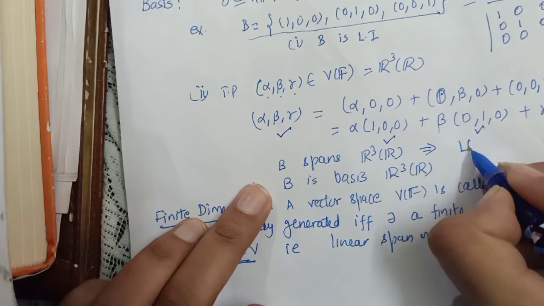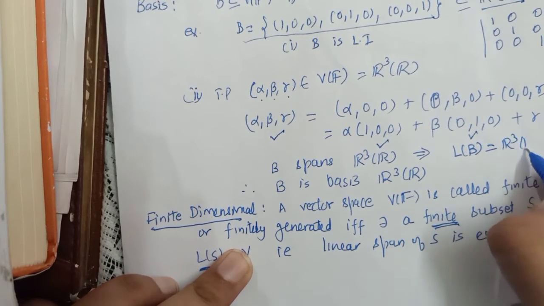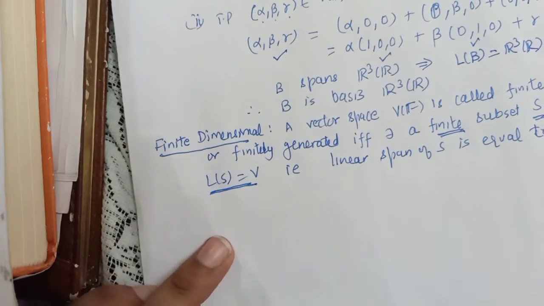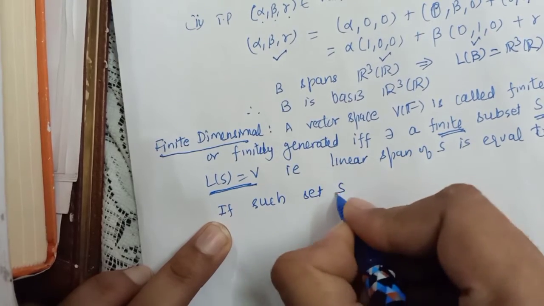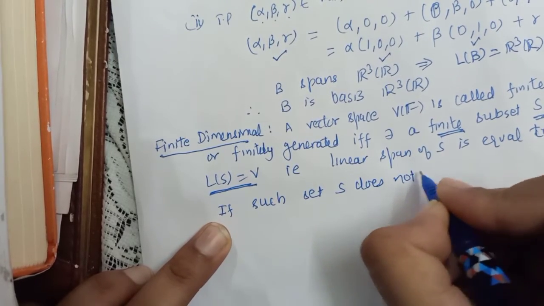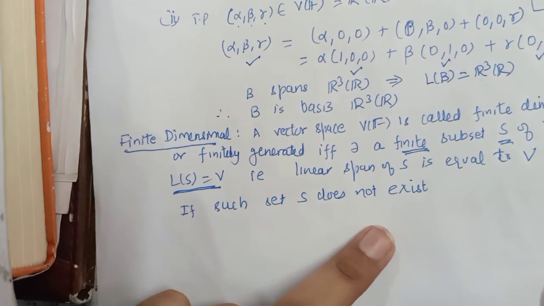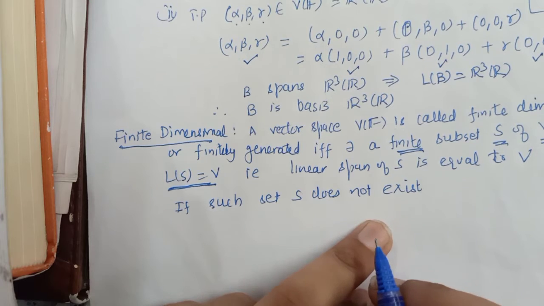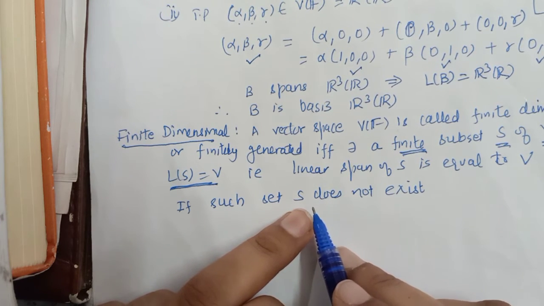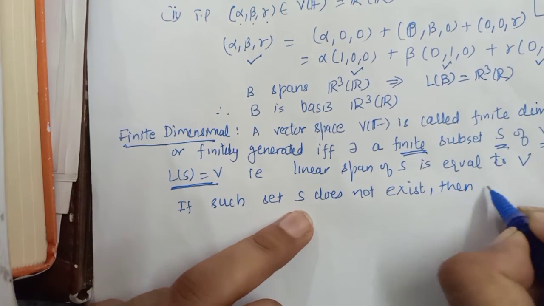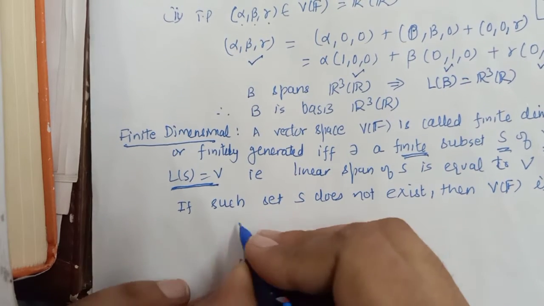It actually means linear span of B is equal to R cube over R. And if such a set does not exist, that is, if we are unable to write all the elements of the vector space as linear combination of elements of some set S, then that vector space is called infinite dimensional.